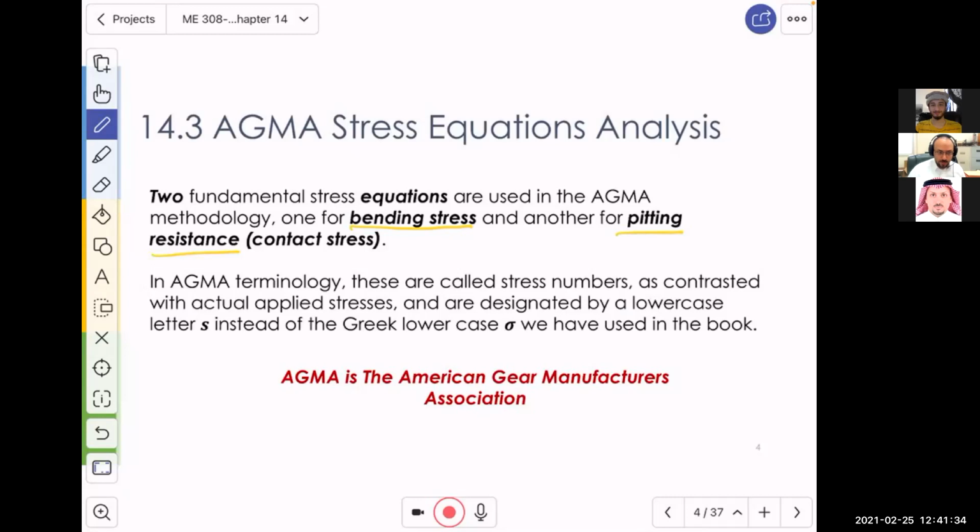Okay. Now, who is AGMA? AGMA is the American Gear Manufacturers Association, a very well-reputed organization that put a great deal of effort into standardizing the design of gears. It is unbelievable, ya shabab, how important gears are.